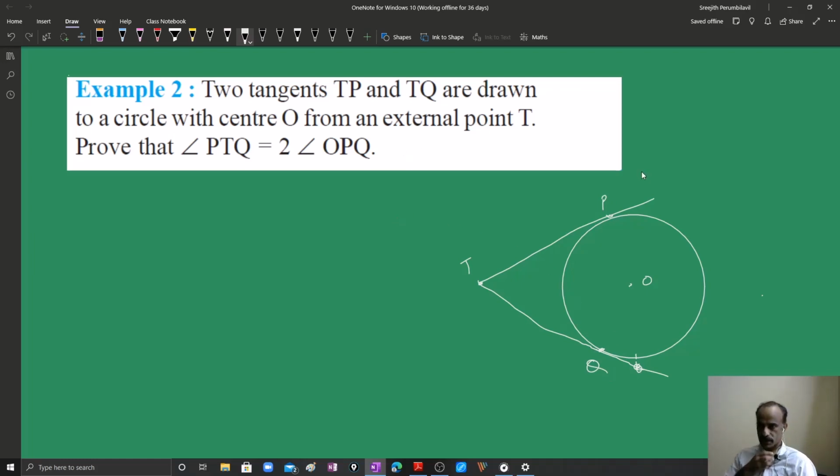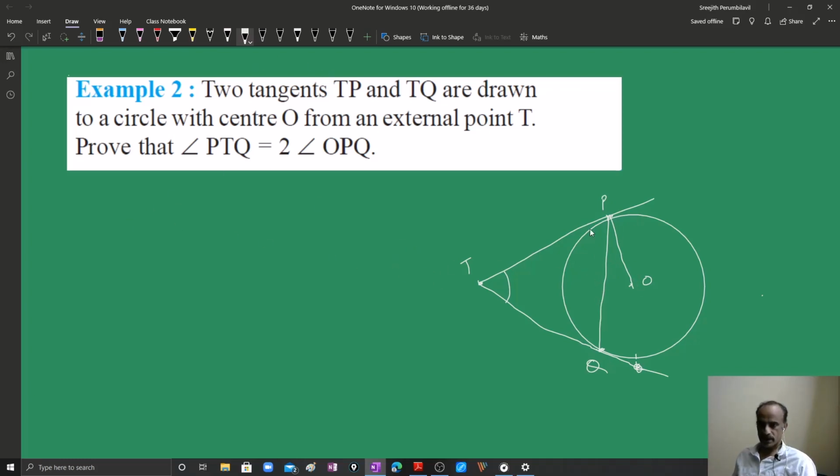Prove that angle PTQ is equal to 2 times angle OPQ.